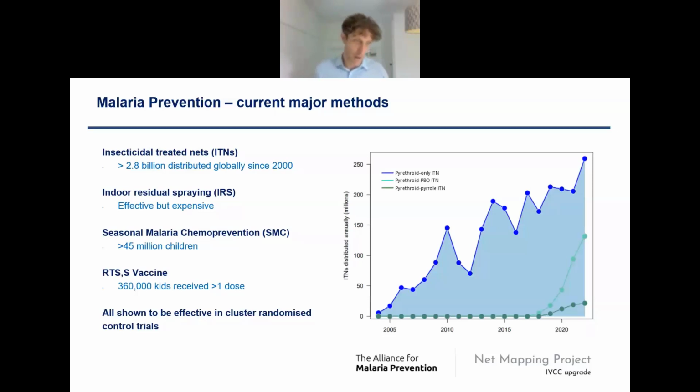Recently, the WHO recommended a vaccine, which is absolutely great. But just to put this in perspective, it's only partially effective, and you have to give people top-up doses every couple of years if you're going to have a high level of protection. Even then, the efficacy is in the range of 40 or 50%, if you're lucky. So though we have a vaccine, the numbers distributed are relatively low, and its impact on transmission is really very low, because the vaccine might be good at saving lives, but it's not particularly good at halting transmission.